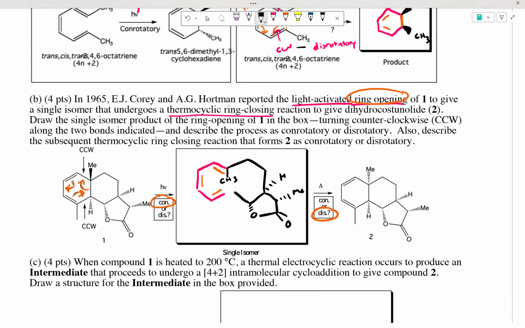So now that it's facing away from me, if I start rotating towards me, it's going to also be up.